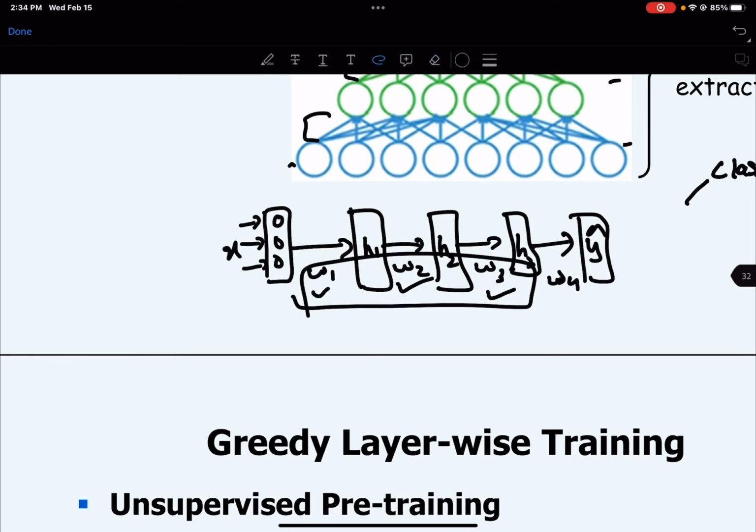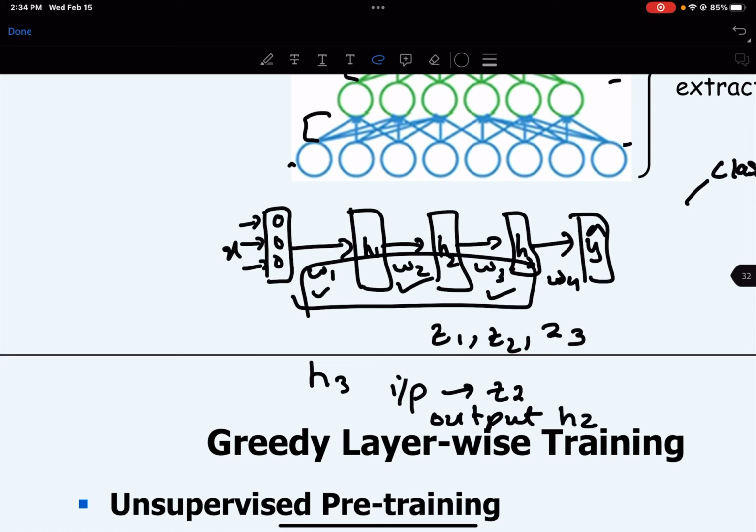And now if we just unroll the network in terms of your Z1, Z2 and Z3, we can see that the input to H3 is Z2, which is the output from H2.